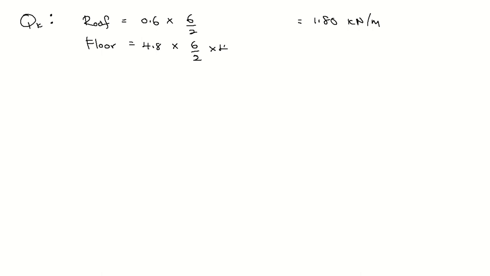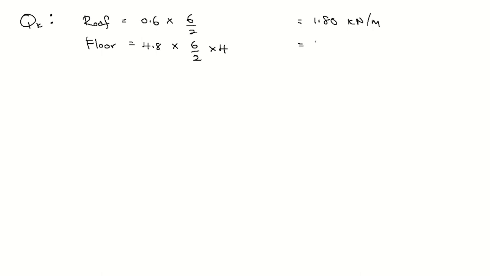For QK, you have roof equals to 0.6 times 6 over 2. You know by now what is 6 over 2, kilonewton per meter. And for the floor, it is 4.8 now, right? 4.8 times 6 over 2 and times 4, from level 1 to level 4.